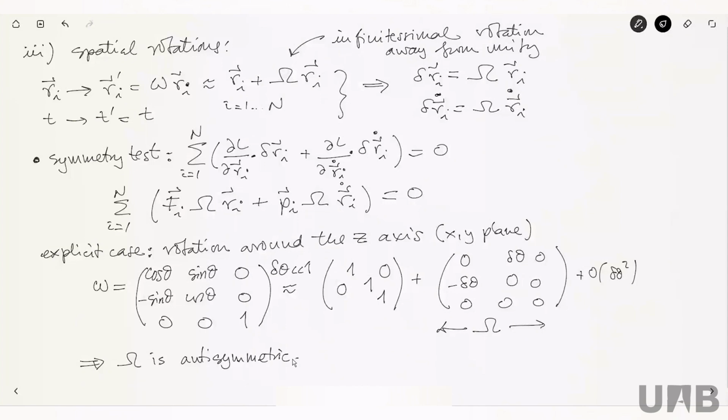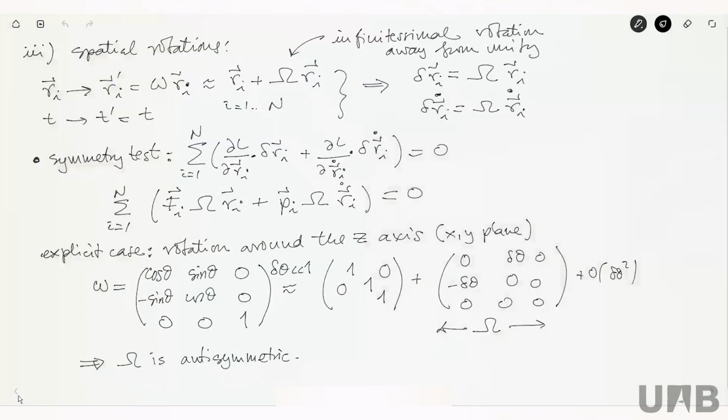The matrix omega, which measures the infinitesimal rotation away from unity, is an anti-symmetric matrix. And this is going to be important in the calculation that I'm now going to do. So remember this fact: omega is anti-symmetric.